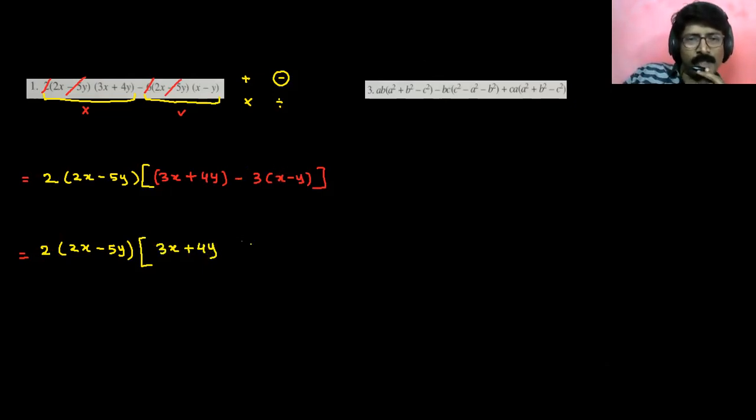Minus 3 over x minus 3x, minus 3 over negative y, positive 3y. Isn't it? Now this bracket can be simplified. Plus 3x minus 3x will get cancelled and 4y and 3y will become 7y. So 2 into 7y will become 14y into the bracket 2x minus 5y.